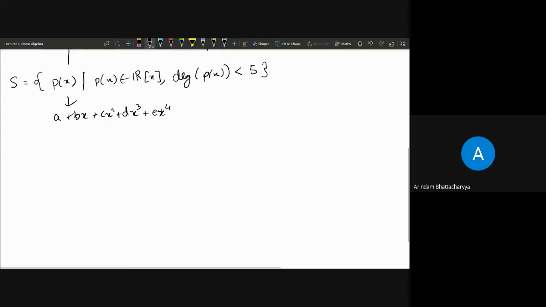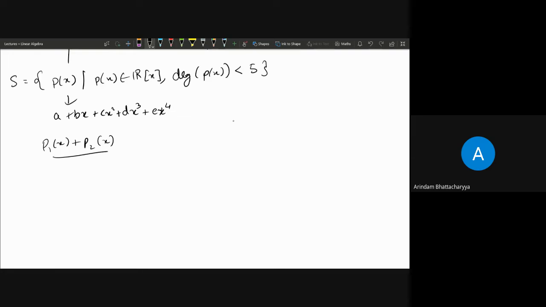And to turn this into a vector space, we use a very powerful mathematical technique called forgetting. And we forget that we can multiply polynomials. Right? So given two polynomials, we can define their addition the usual way, and we can also define what it means to multiply a polynomial by a real number.